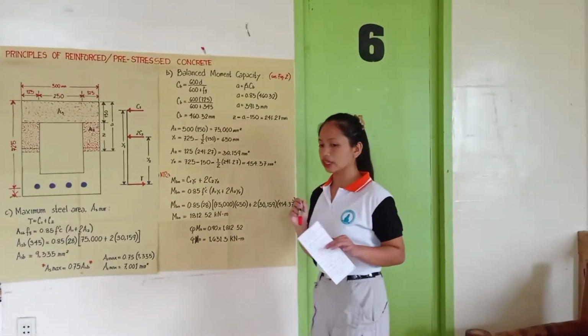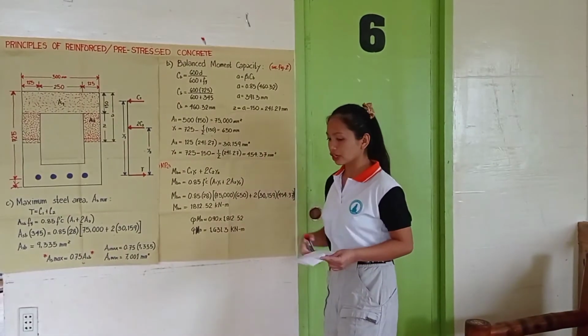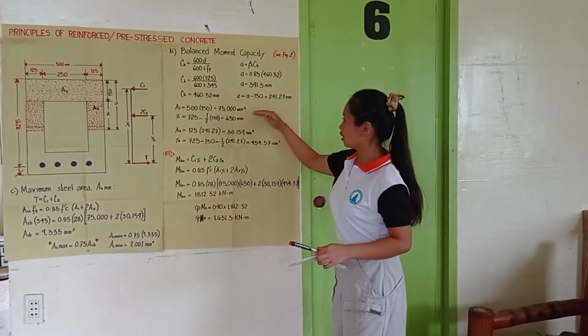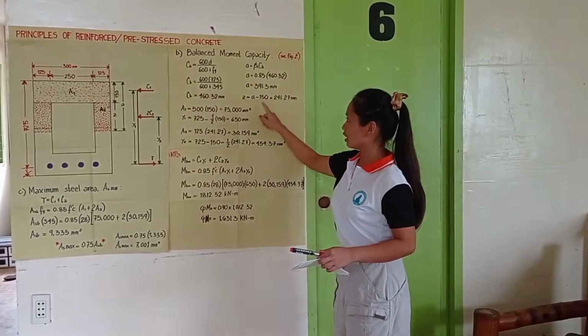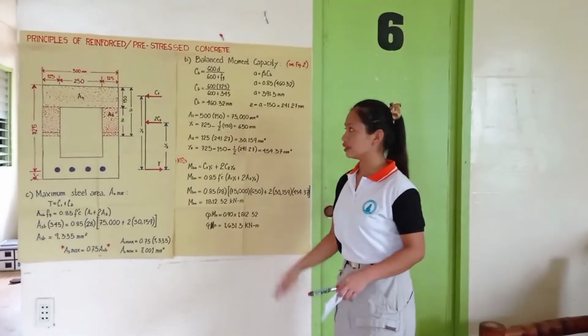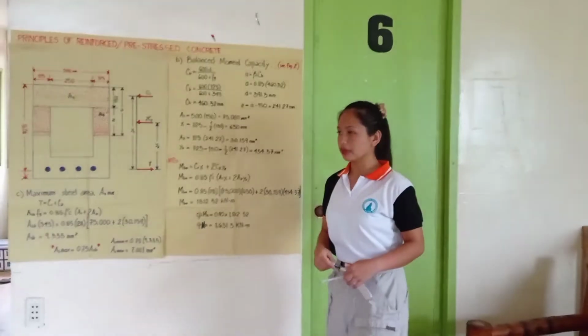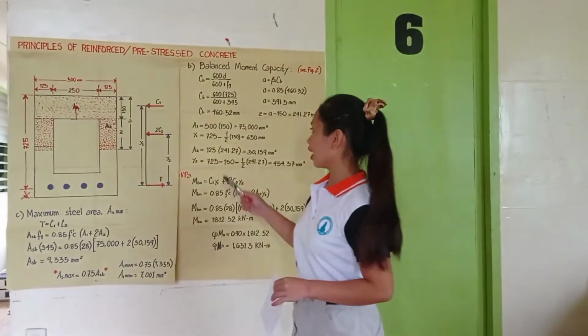You may question where I got my formula for this problem. It's all written in our module. So Z is equal to the value of A, which is 391.3 minus 150. That is 241.27 millimeters.